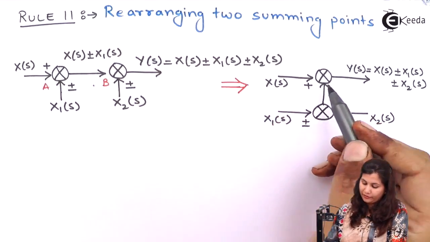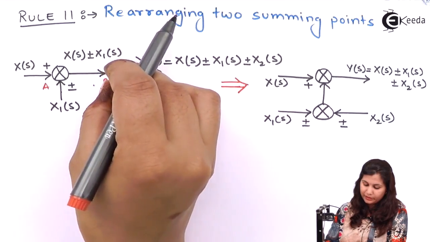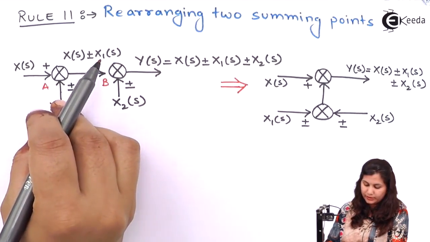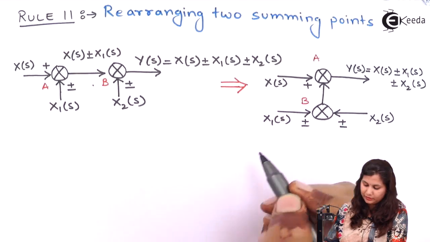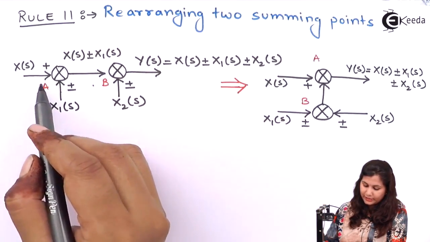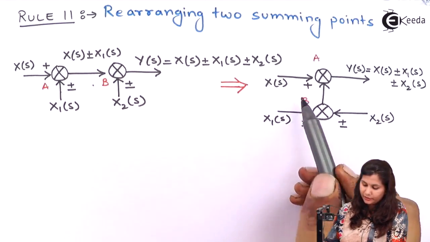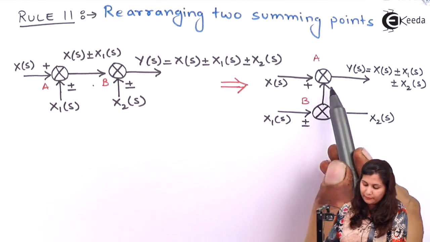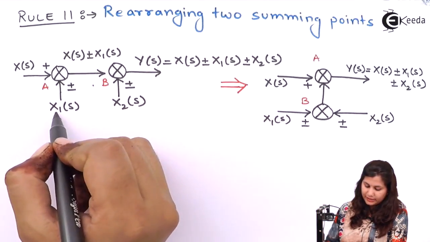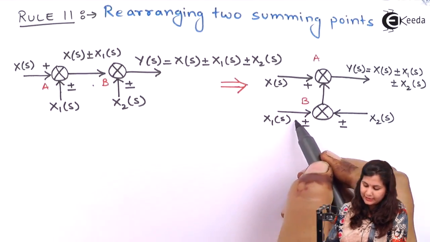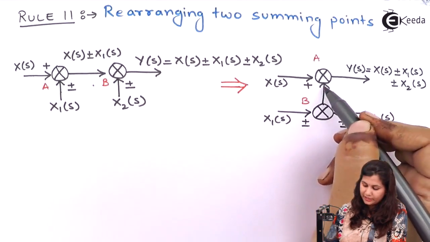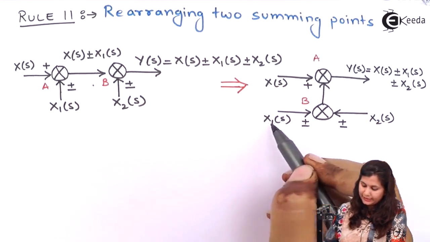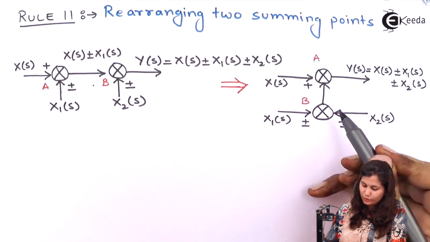Now if we rearrange them, we can bring this summing point downwards. Okay, this is A, this is B. Now in this case you have to change the inputs to these two summing points. This is x1s, it will act as an input to the second summing point. So here we will get the output as this is x1s, this is x2s.